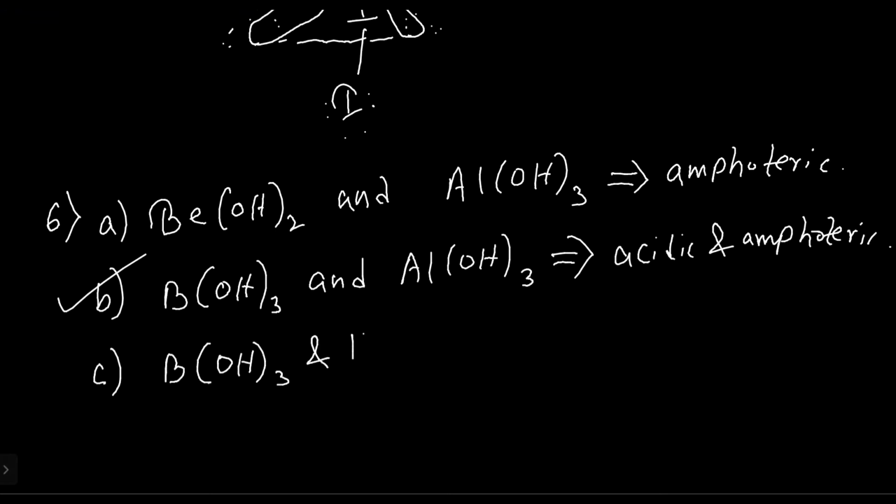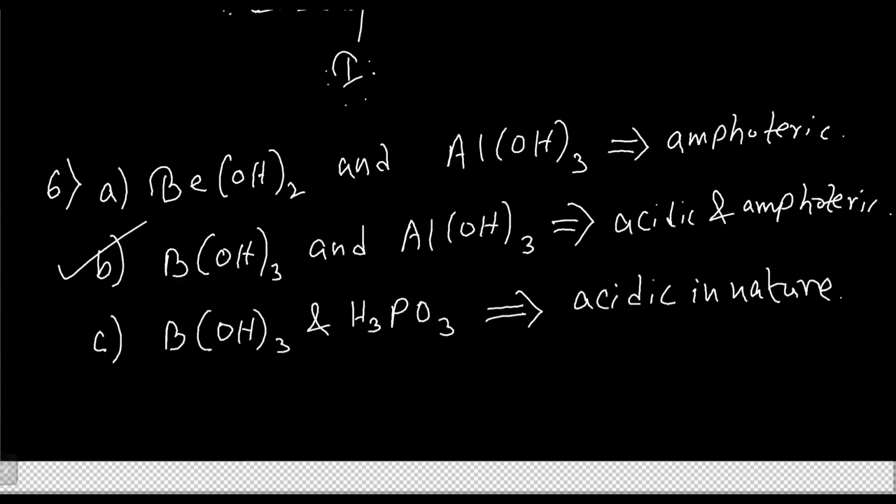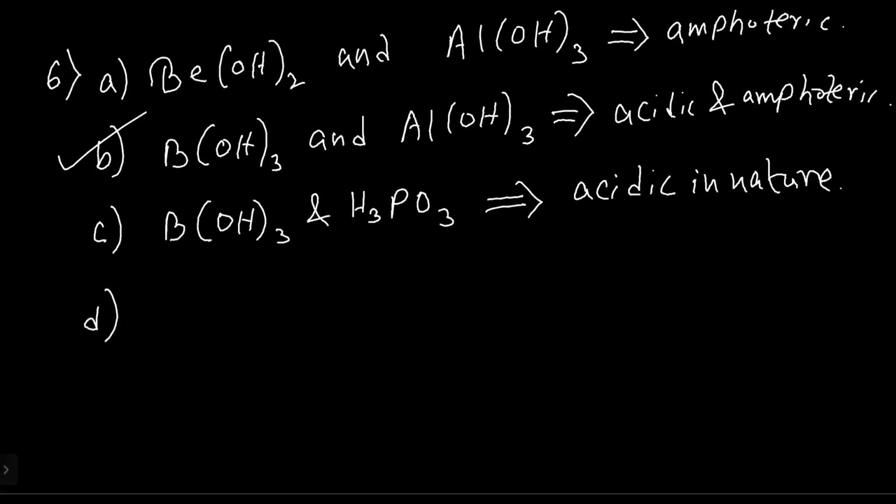B(OH)3 and H3PO3. Both of them are acidic in nature. And for the last one, that is NaOH and calcium hydroxide, Ca(OH)2.